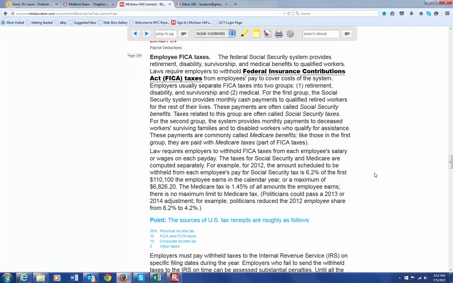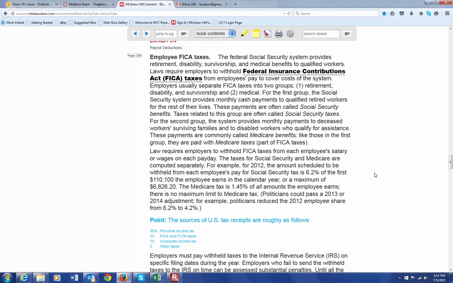So, employee FICA taxes. FICA stands for Federal Insurance Contributions Act. This is your Social Security and Medicare tax that are taken out of your check. Social Security currently is 6.2%, and Medicare is 1.45%. Now there is a limit to that.